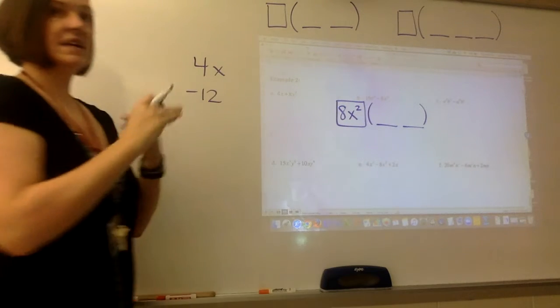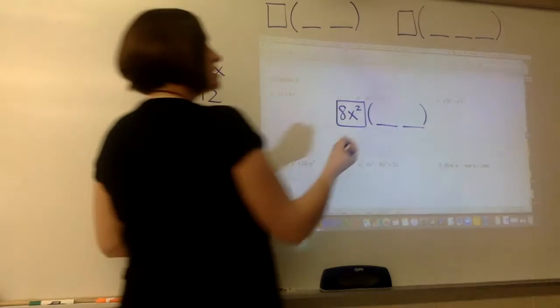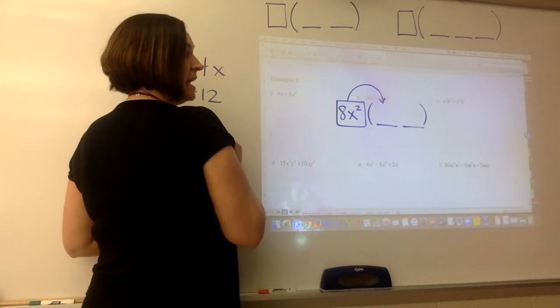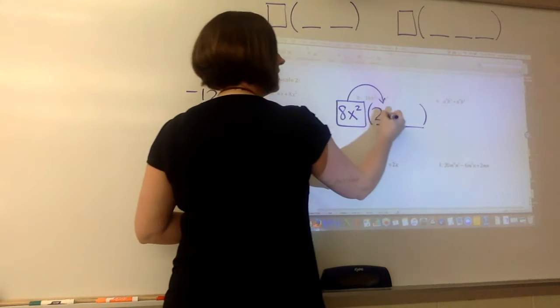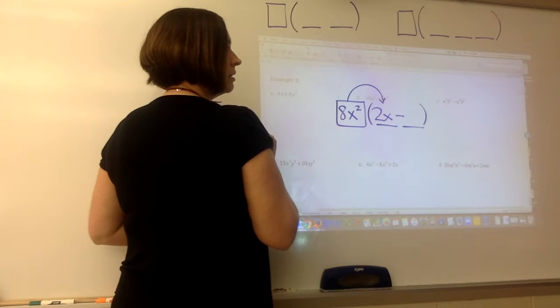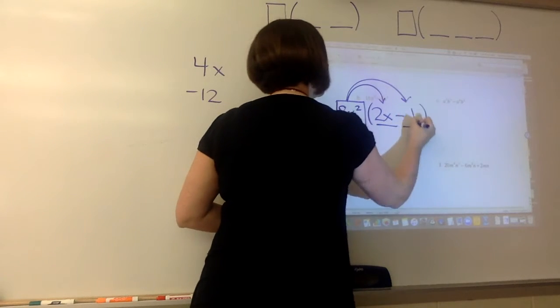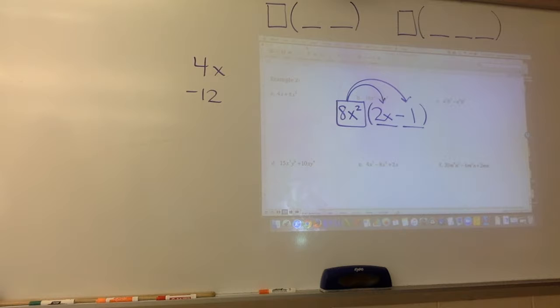It's the biggest number that multiplies in, and then the most number of x's I can take from every single person. 8x times what gives me 16x cubed? 2x. 8x squared times what gives me 8x squared? 1. Don't forget the 1. If you've got the line, you've got to have something on the line.